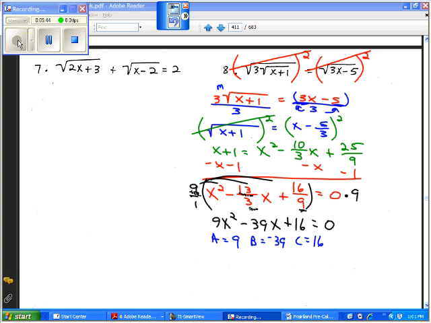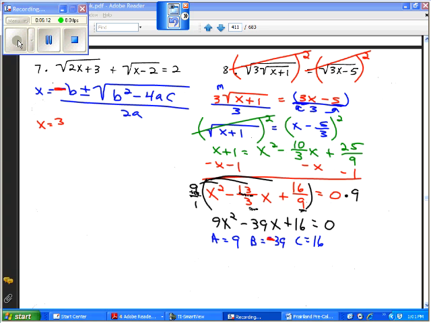So we're going to plug that into the quadratic formula, which remember was x equal negative b plus or minus the square root of b squared minus 4 times a times c all over 2 times a. So we plug it in and we're going to have x is equal to the opposite of a negative 39.